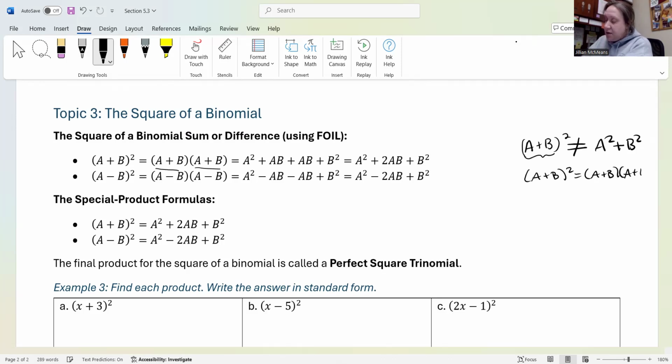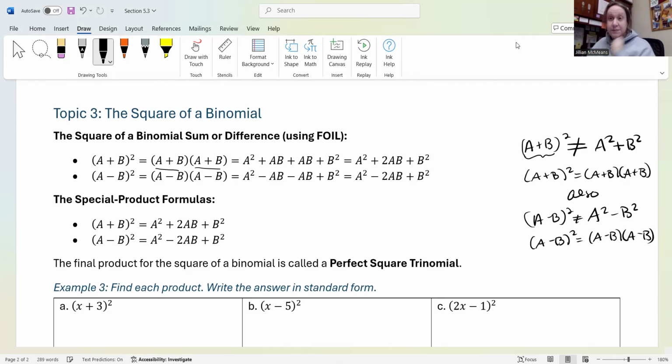You really must understand this also. If you have a minus b quantity squared, it does not equal a squared minus b squared. Instead, a minus b squared equals a minus b times itself twice.